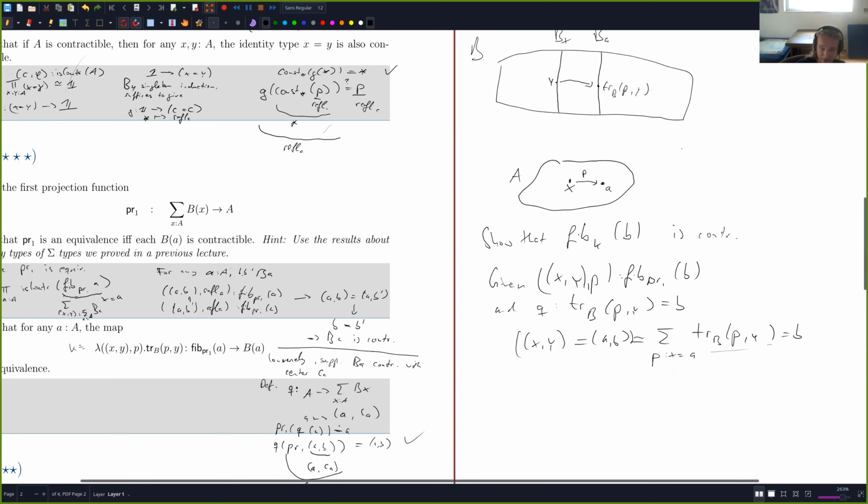Okay, and we need to construct this in a nested sigma type, and so we first need to construct a path in the first component, but that's a sigma type again.